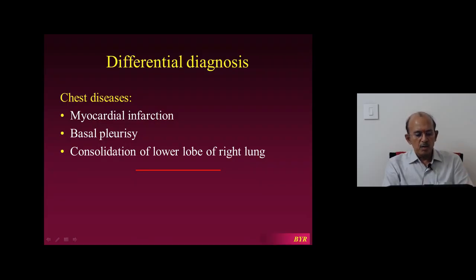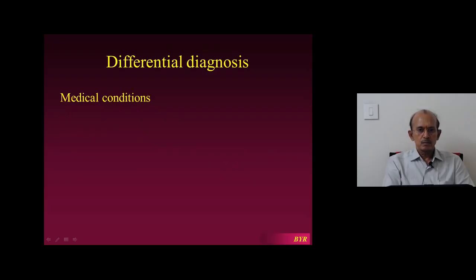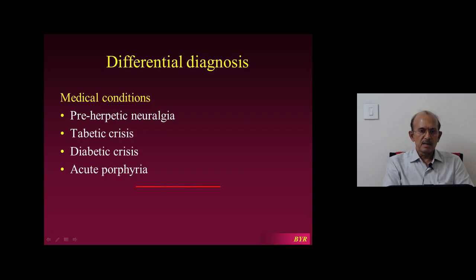So you have to differentiate between these 2 conditions. And you have to differentiate from other medical conditions like pre-herpetic neuralgia, hepatic crisis, diabetic crisis, acute porphyria, where the patient will have severe pain in the upper abdomen.